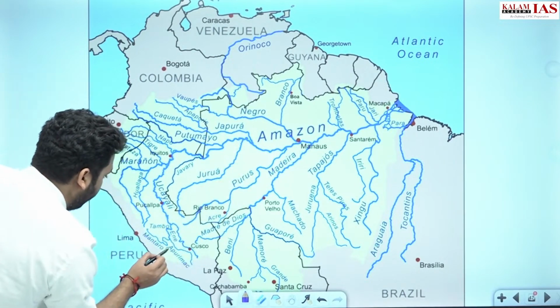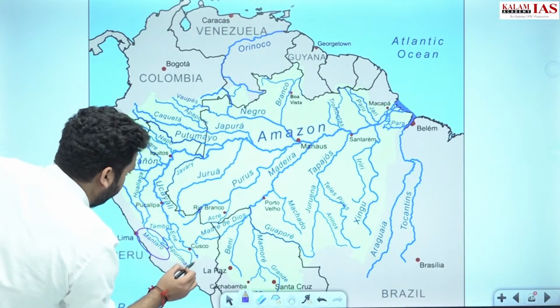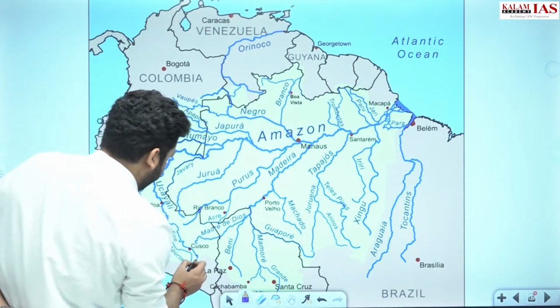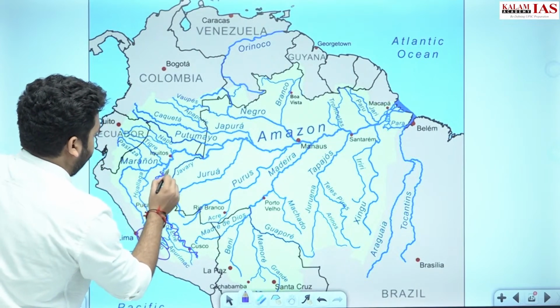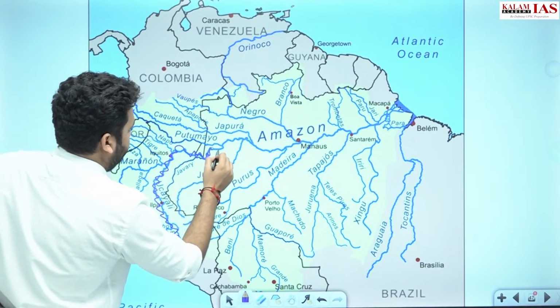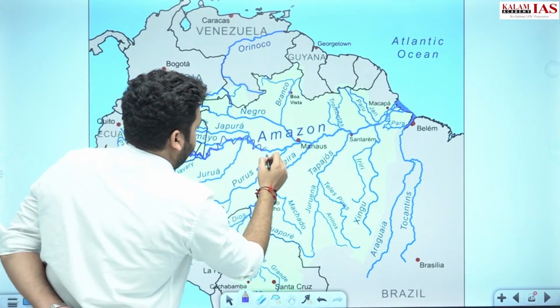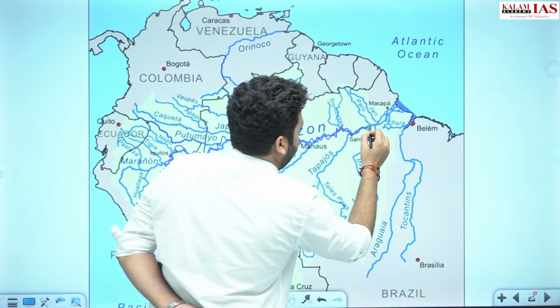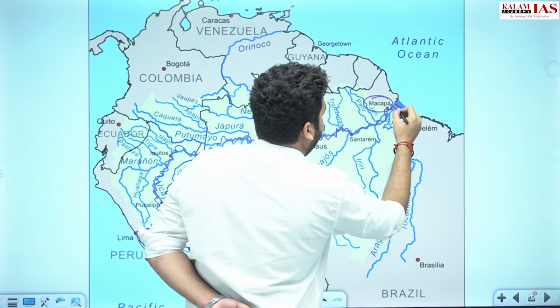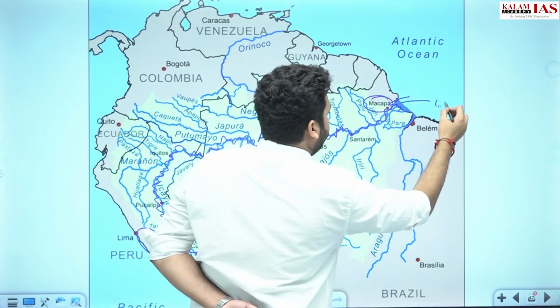This is River Montero. This is Macapa, almost near the equator, 0-degree equator.